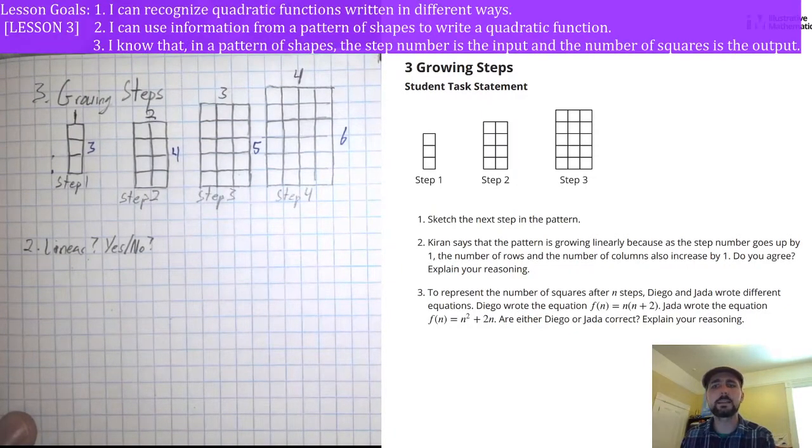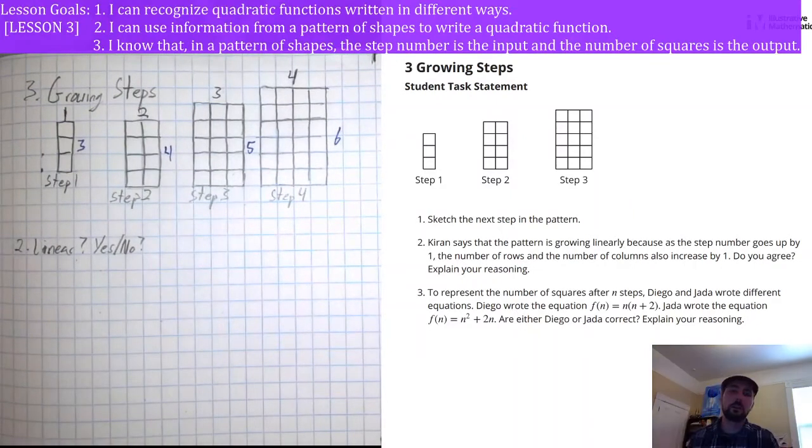But when we talk about this, let's remember learning goal number 3. I know that in any patterns of shapes, the step number is the input and the number of squares is the output. So when we talk about the pattern, we are not only thinking about the rows and the columns. We are thinking about the number of squares.